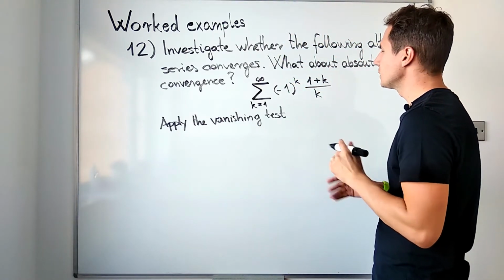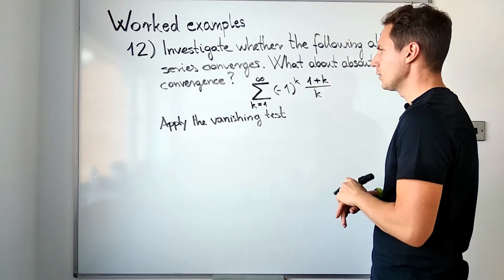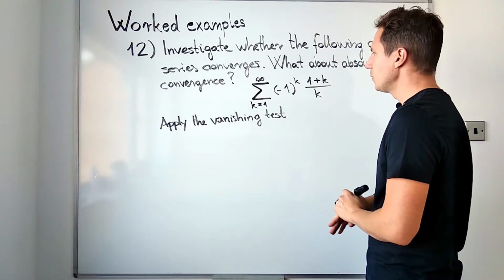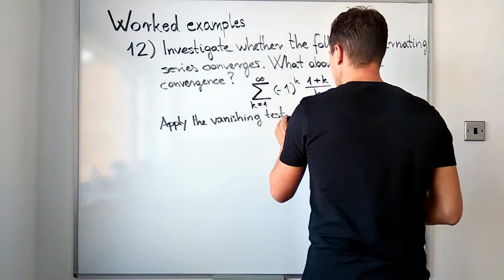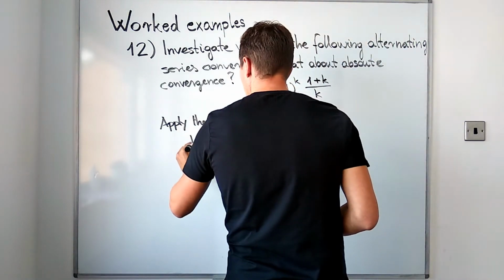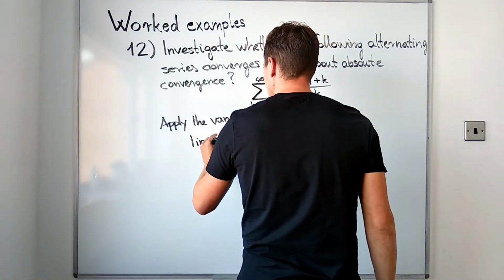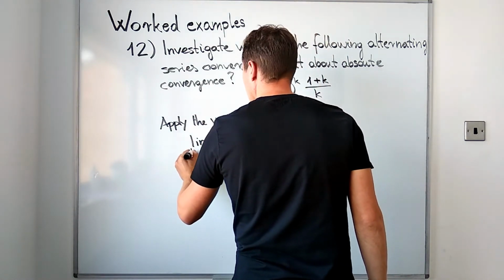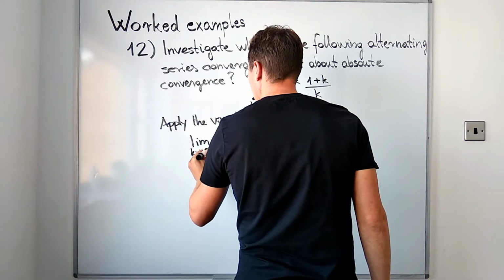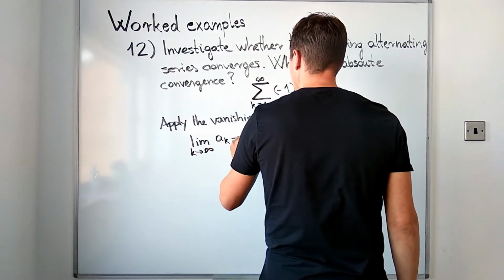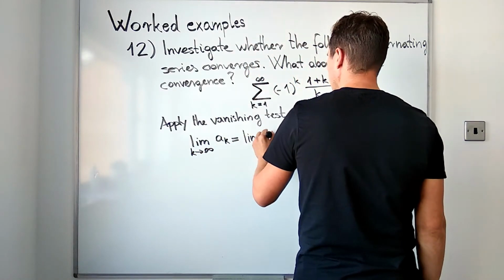When we have an infinite series, whether it's alternating or not, it's good to check whether the general term satisfies the condition that it should converge to 0 as the indices go to infinity.